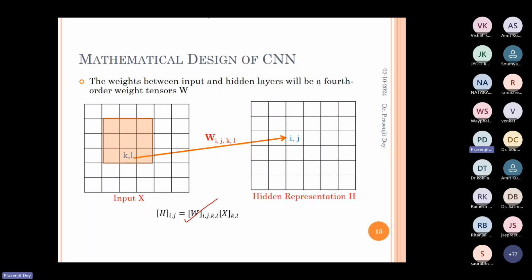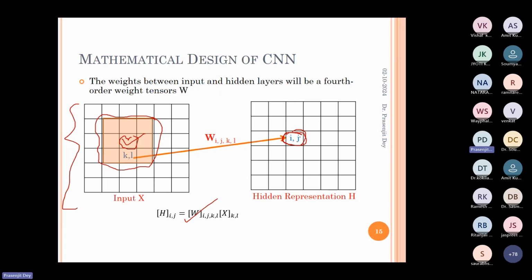If I want to make a relationship between this hidden representation and this pixel, then for computation of this hidden representation, I am not going to consider this whole image. Rather, I am just going to consider a neighborhood of this pixel. So this is called the locality principle.